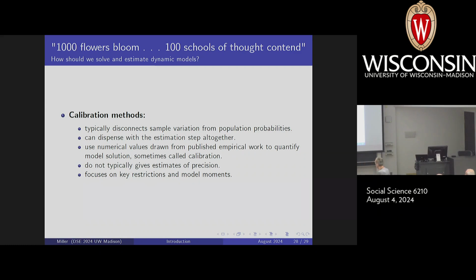And so the argument is that we might get numerical values from published empirical work, or perhaps generate moments from the data, from perhaps aggregate data. And in that way, get some numerical values which we think are relevant to the model that we're looking at. All right? And so we're not typically going to get estimates of precision that way.